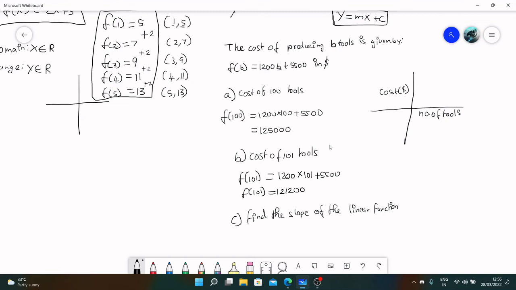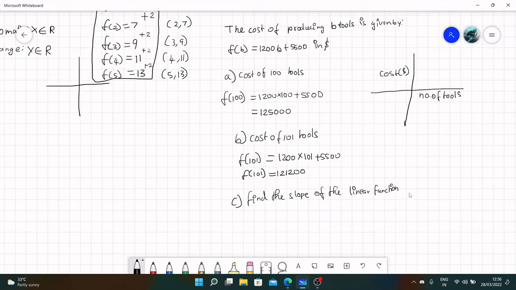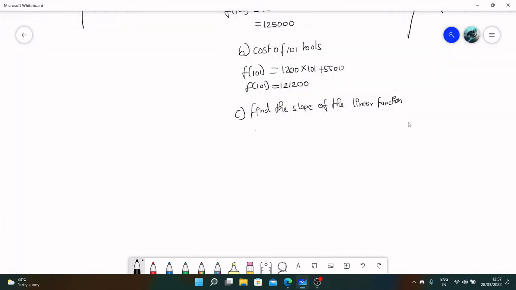They want us to find the slope. This is fairly simple. If you remember the formula for slope, it is m equals y2 minus y1 divided by x2 minus x1.